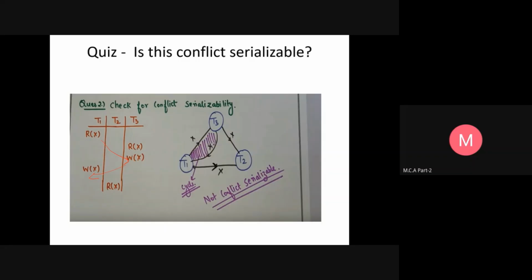T3 to T1 on database item X because there is a write of X over here. We also have a write X here and a read X here, so it conflicts over here. So between T3 and T2, there also is an arc. And between T1 and T2, we don't really need to keep that arc because it's a read on the database items. Since this is only a precedence graph, we can retain that. But when we're looking at a cycle, we find that there is a cycle. Okay. So it is not conflict serializable.